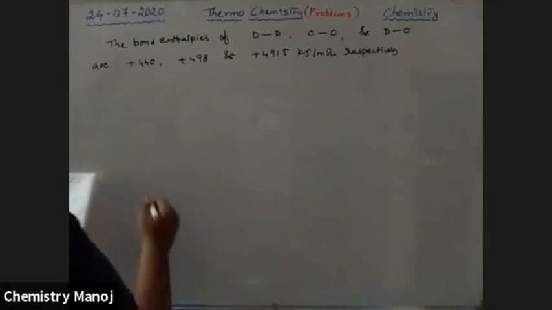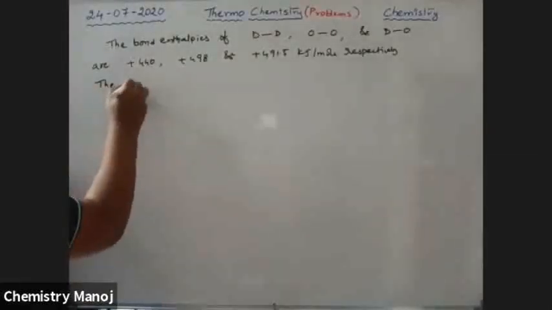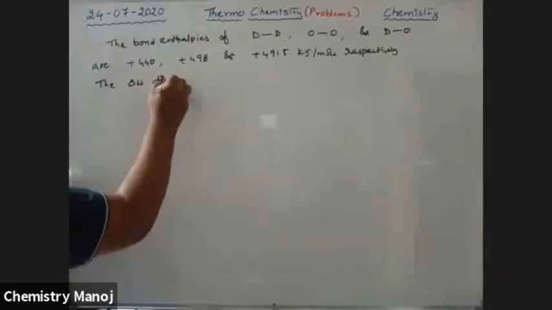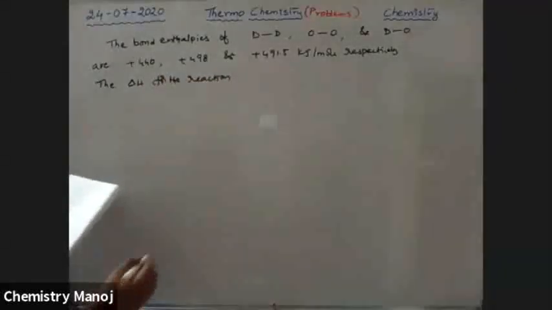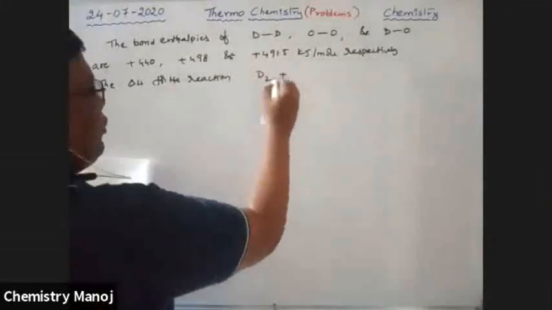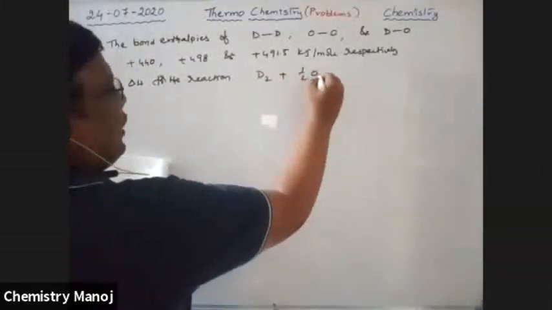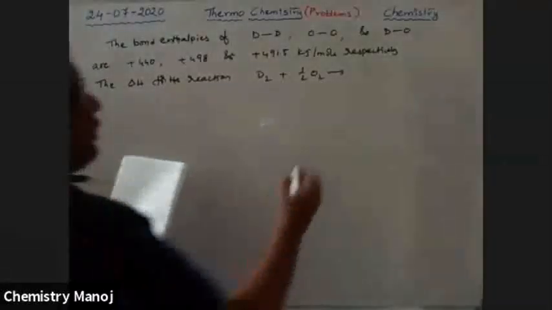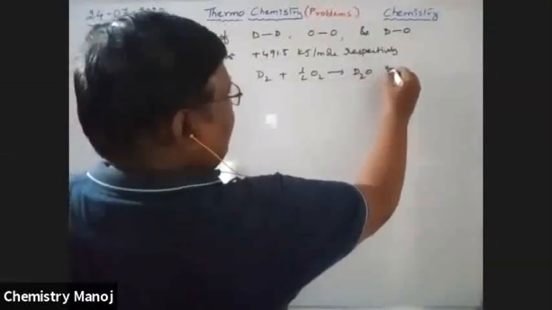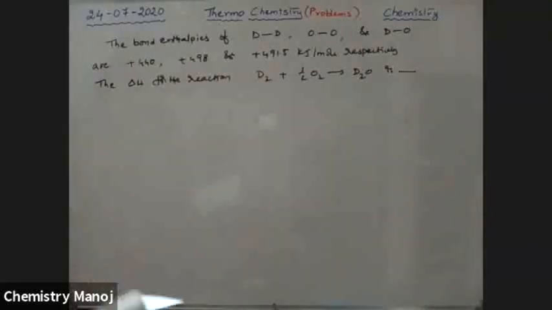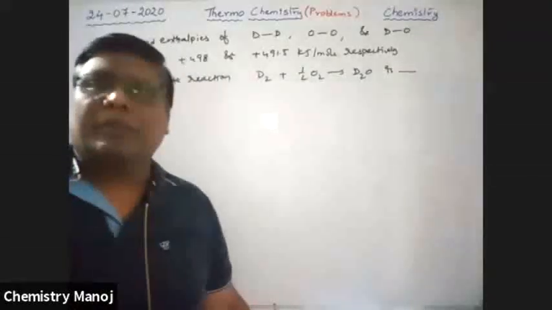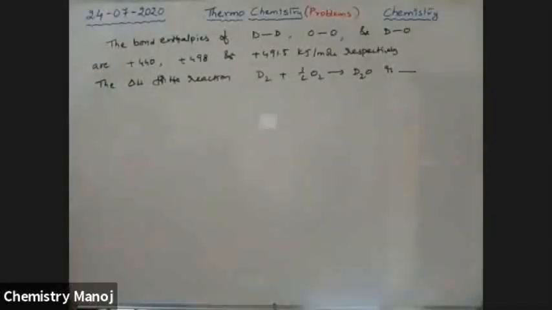Delta H for the reaction D2 plus half O2 gives D2O is dash. Tell me, simple one. So bond enthalpies are given to you for this reaction.